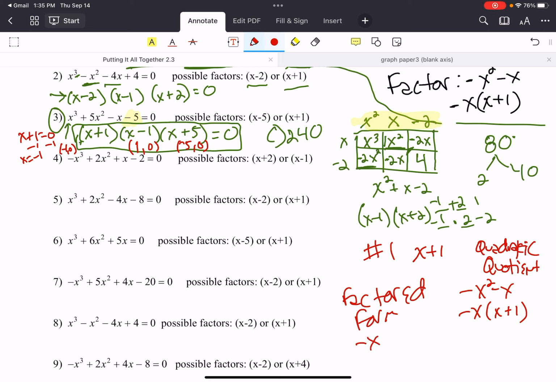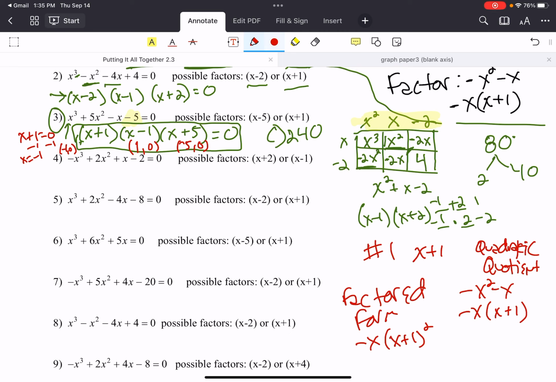So negative x, and then this one had 2 of the same factor, so I square them because it was 2 of the exact same. On the other 2 we didn't square anything because they were all different. We want to write it like this so that we can see on number 1 you should have a bounce somewhere because its multiplicity is even. Does that make sense?